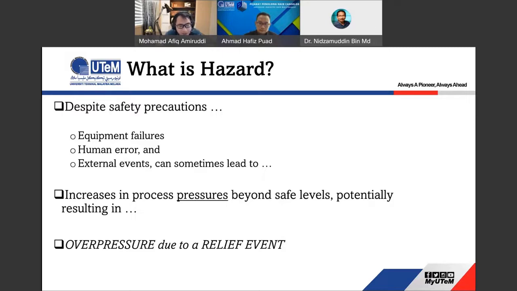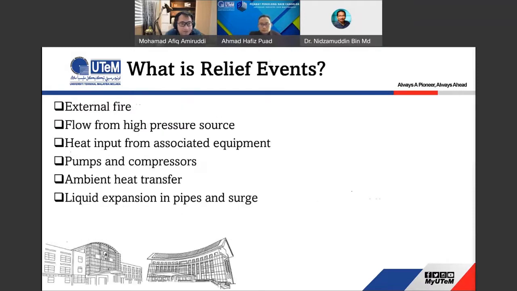During the process, if we don't have any system control or process control, it may give some danger to the operator who operates this machine. So that's why we are very particular and aware of this phenomenon, or relief event.